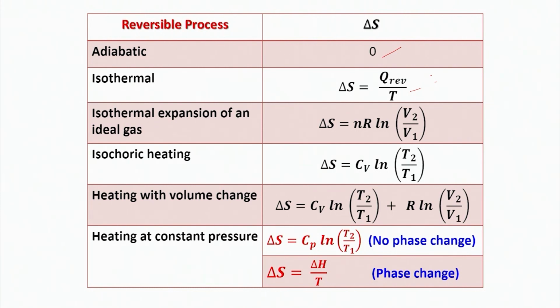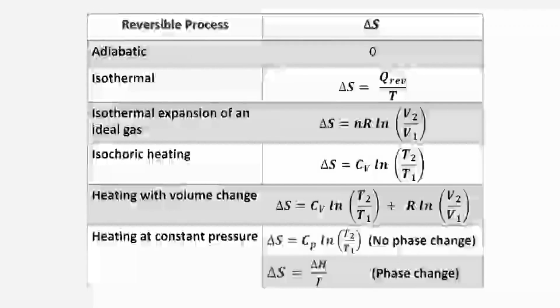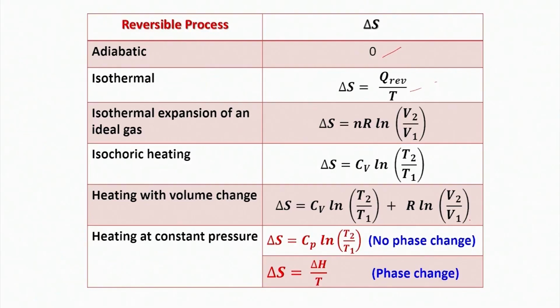So, if you have a system with both heating and volume change, then you can find the resulting change in entropy as a function of the initial and final temperatures as well as the initial and final volumes.